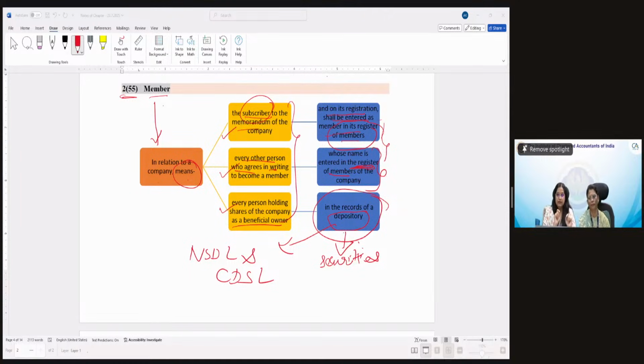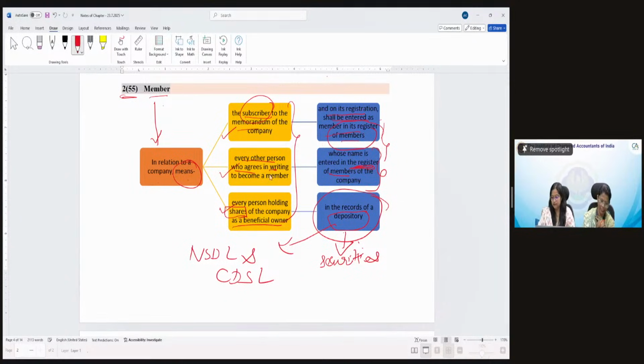All the shares are deposited with this depository, and you become only a beneficial owner of the shares. That's why we are writing the word beneficial owner, because now a reserve has been created and shares are added or taken out from that reserve, which is your depository.